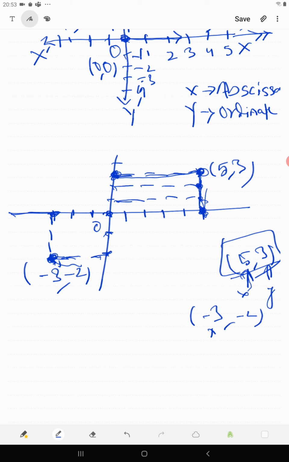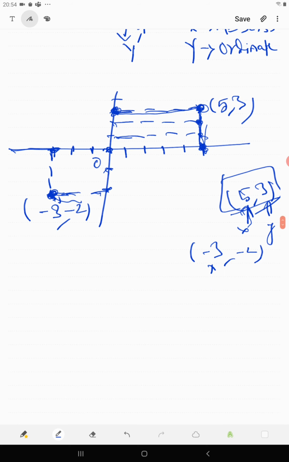So always remember, towards right is positive x, towards left is negative x, towards upside is positive y, towards downside is negative y. This is very important.